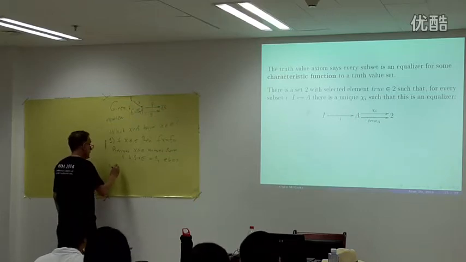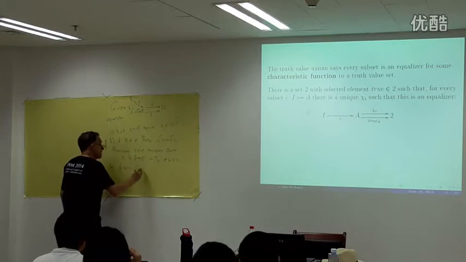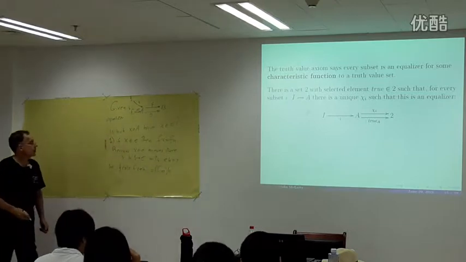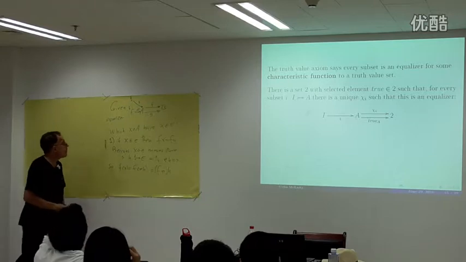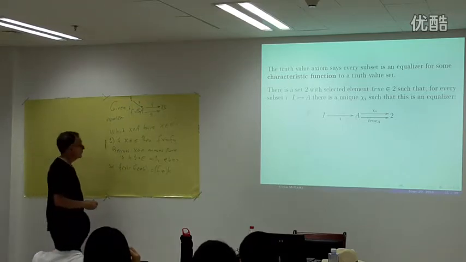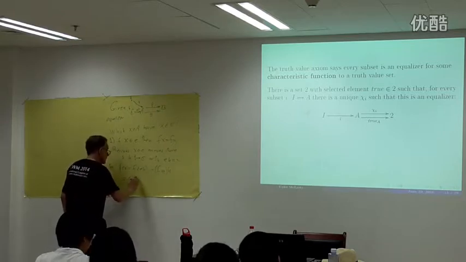So f of x equals f of Eh. But that's f of E followed by h. Yes, but fE equals gE.